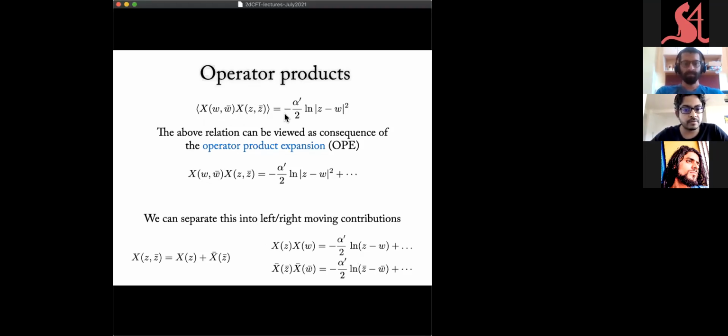Okay, so we have this propagator, and this relation can actually be viewed as a consequence of the OPE, or the operator product expansion. Namely, if you take a scalar field close to another scalar field, it has this logarithmic divergence, which is this.